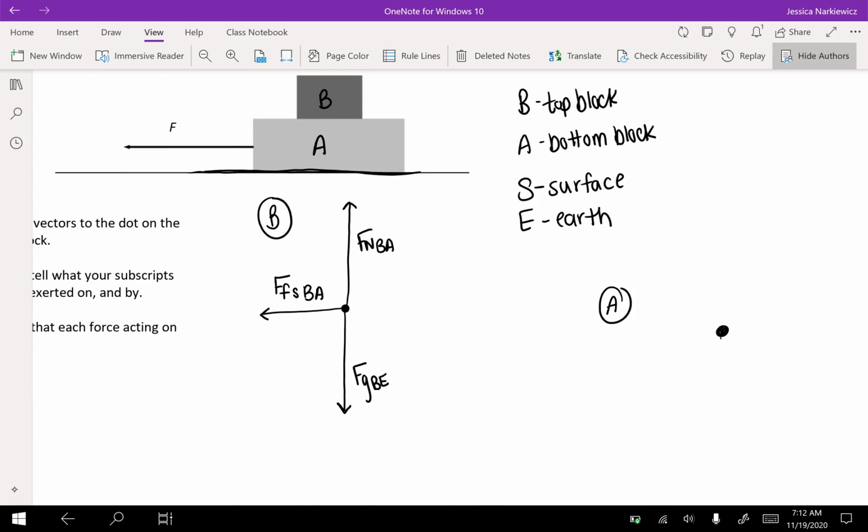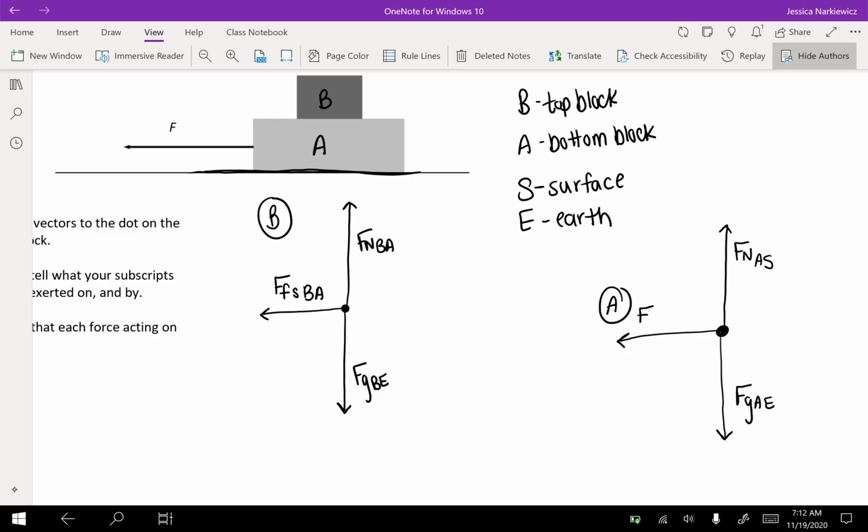Okay, so block A, of course, has our force of gravity on A by the earth, and then we have a normal force on A by the surface, and we have this applied force. Okay.